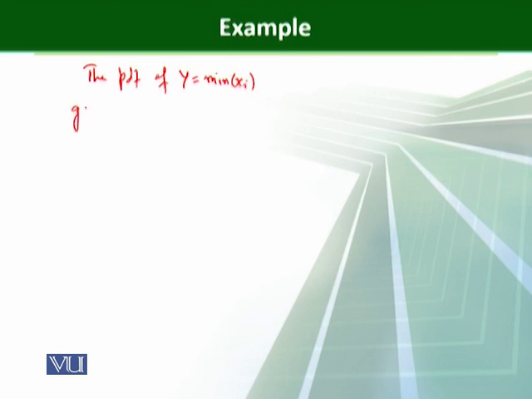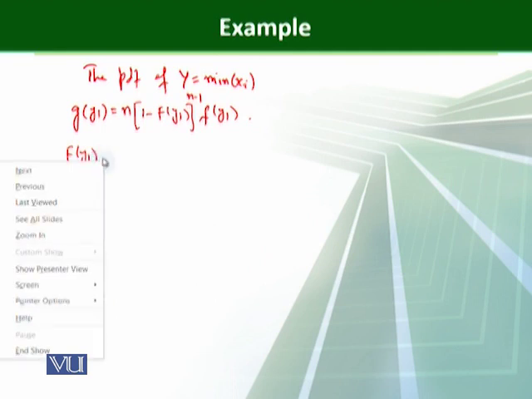That is g of y1, which equals n times (1 minus F of y1) whole raised to power n minus 1 times f of y1. First we need the value of capital F of y1, which is the distribution function.